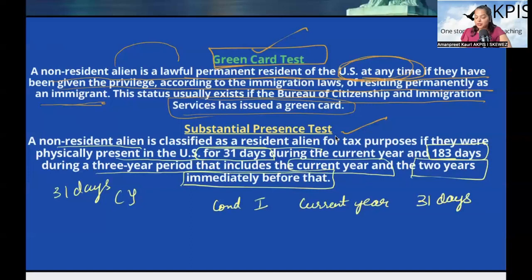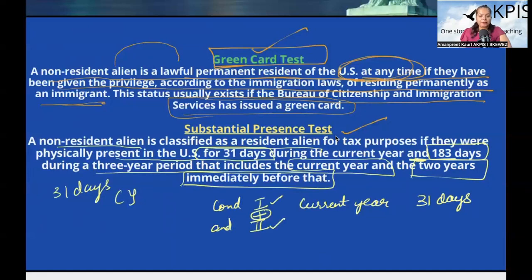Along with this condition, because here it is "and" and not "or", you are supposed to comply with the second condition as well. Both the conditions need to be satisfied, only then the substantial presence test will be satisfied.